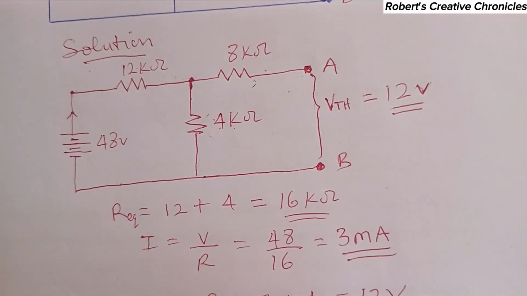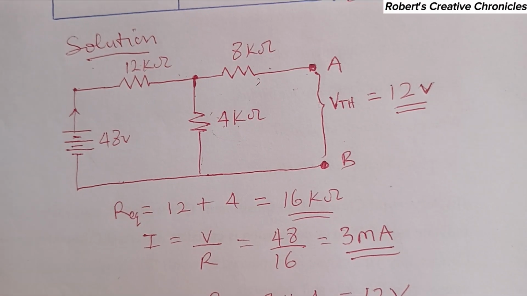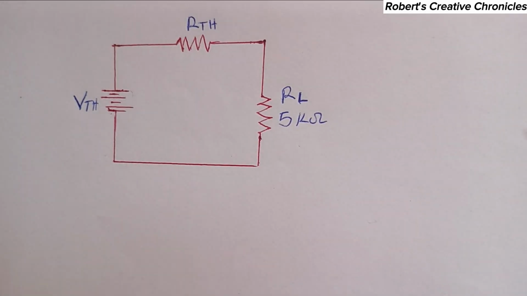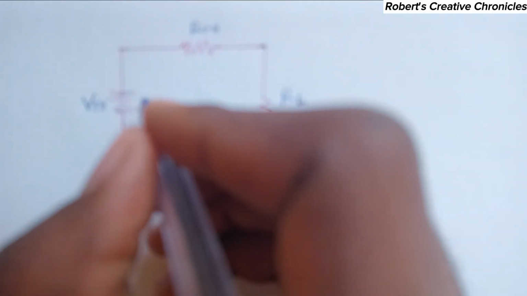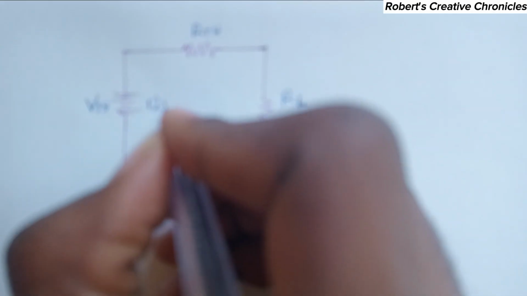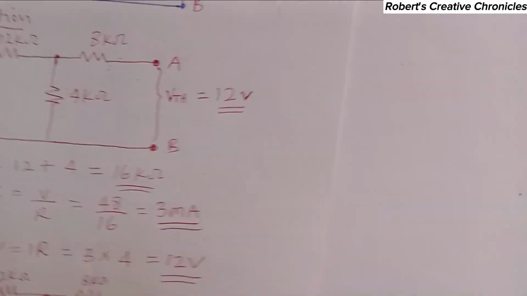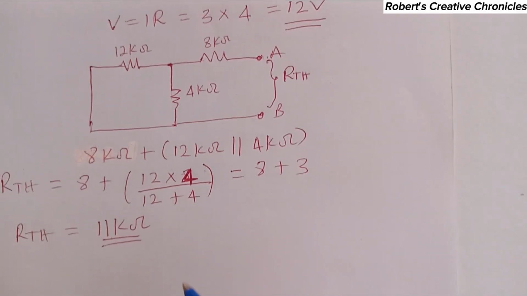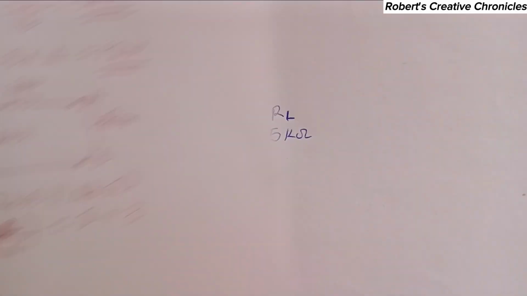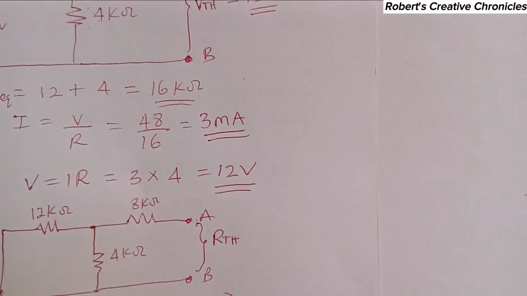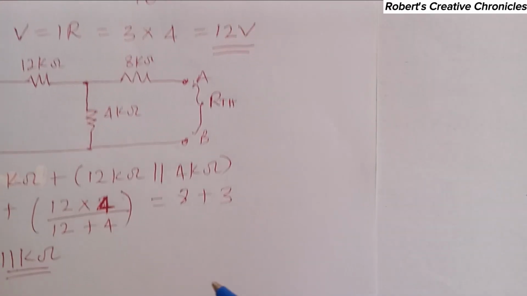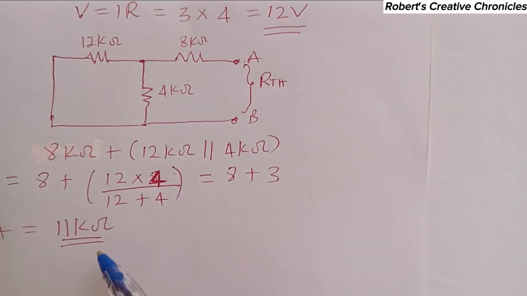So the Thevenin voltage is what? 12 volts. So here will be 12 volts. And the Thevenin resistance is 11 kilo ohms.